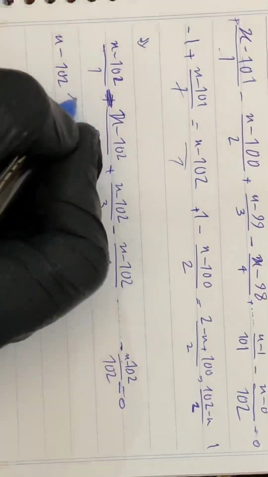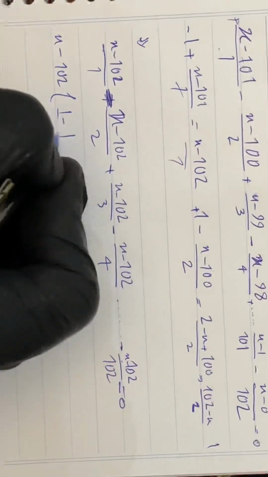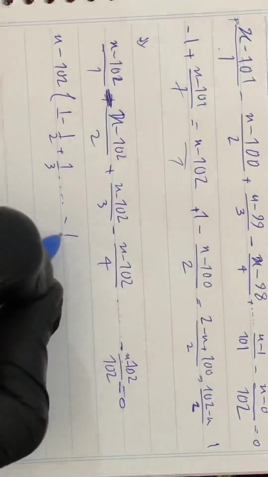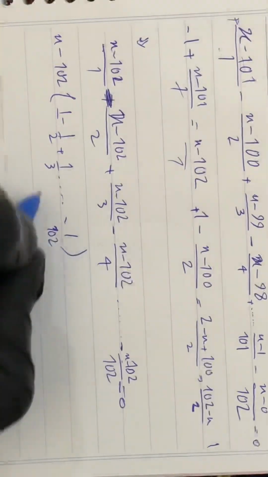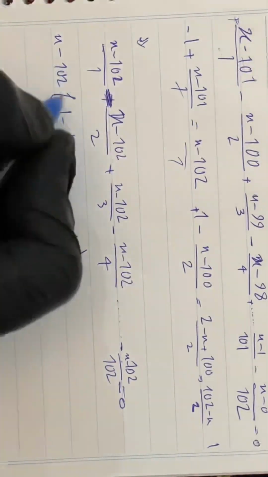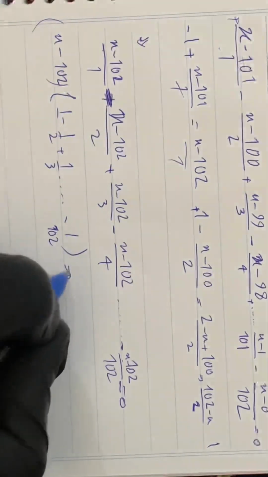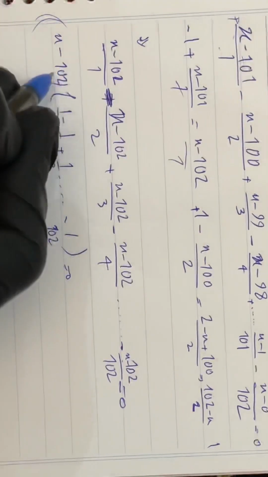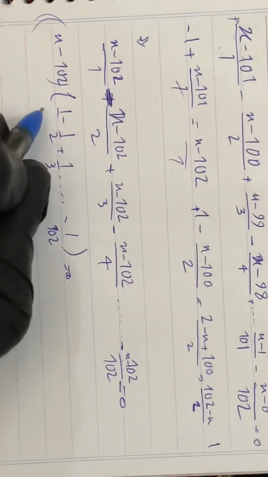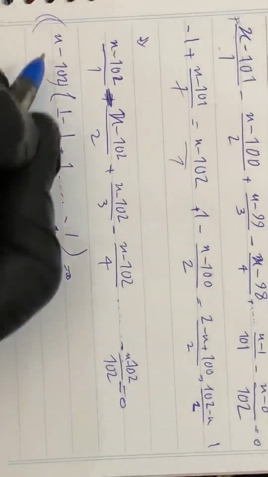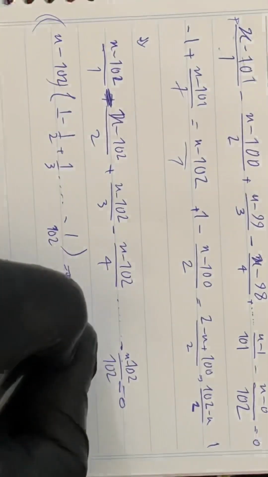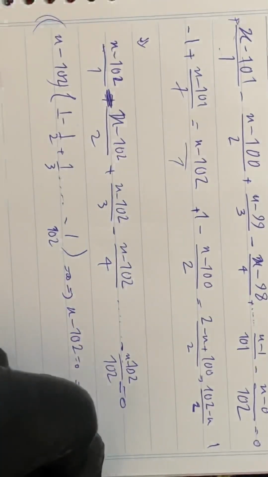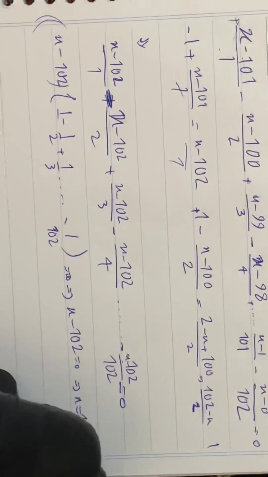If you factorize it, it would be 1 over 1 plus 1 over 2 plus 1 over 3 and so on. It doesn't even matter because there's no variable in there. The only variable is here. We just factorize the whole thing: this thing multiplied by this thing equals 0. We don't have any variable in the second factor, so x minus 102 should be 0, and it results in x equals 102.